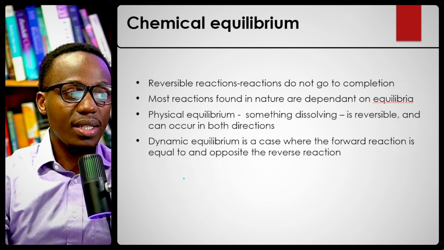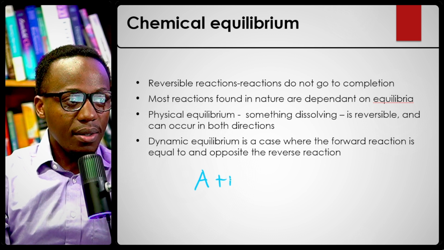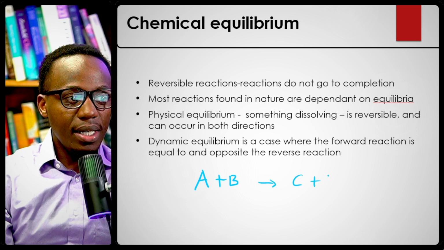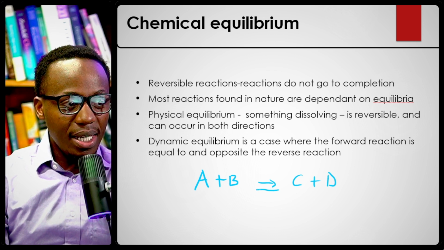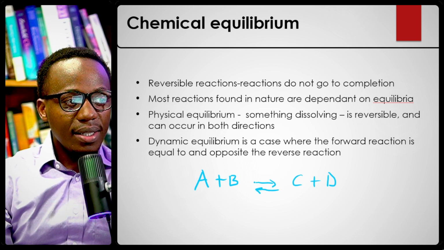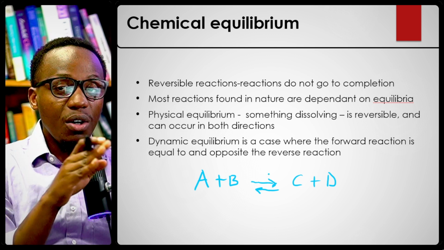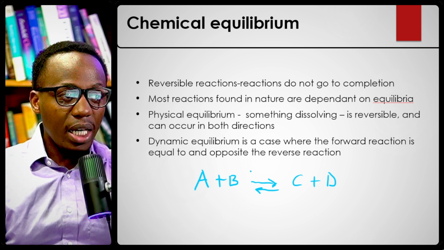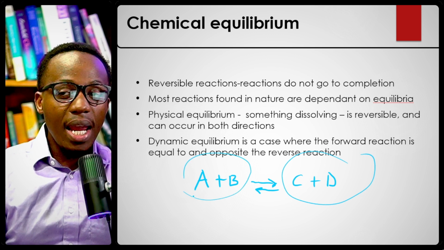It's reactions that, if you take A plus B gives you C plus D, for example, it's possible that also C plus D gives you A plus B. Equilibrium, reversible reactions, right? So we can go back and forth, and depending on the conditions, we can make more of C and D, or we can make more of A and B.